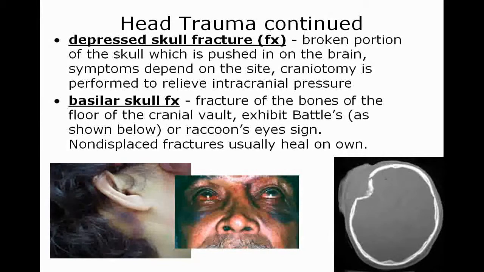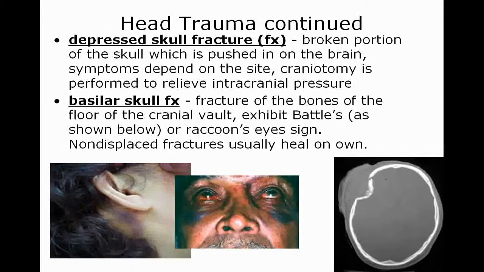And at the same time, I want to talk about the basilar skull fractures that are described under the enrichment. Basilar skull fracture, fracture of the bones of the floor of the cranial vault. Oftentimes the signs that are seen are what's called the raccoon eyes, or the Battle signs, where the person has very, very dark circles under their eyes following a head injury.